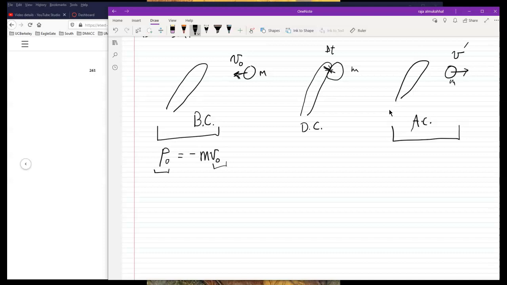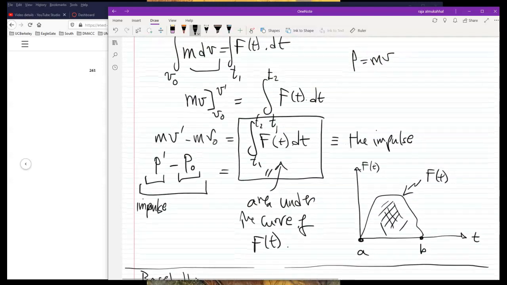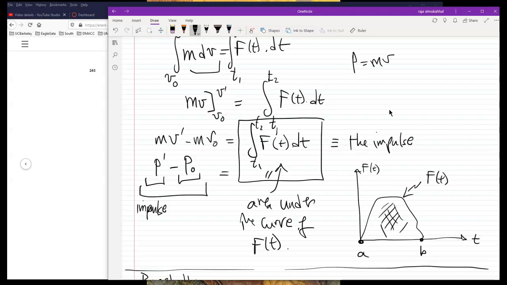Now, let's talk about AC here. I have here P prime equals mv prime, and it's positive because it's moving to the right. Yes? Okay. We said that the impulse, and by the way, your book calls impulse J, okay? Let me go back to the formula. So this one is equal to the impulse J. Your book calls it J, and I've seen it especially in engineering books, they call it J for impulse.